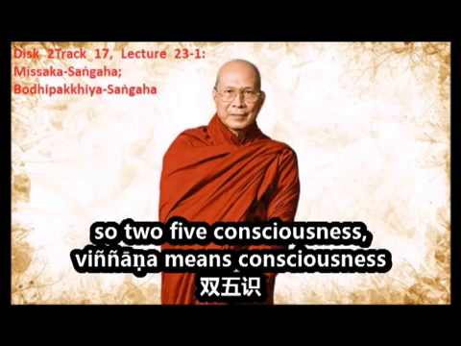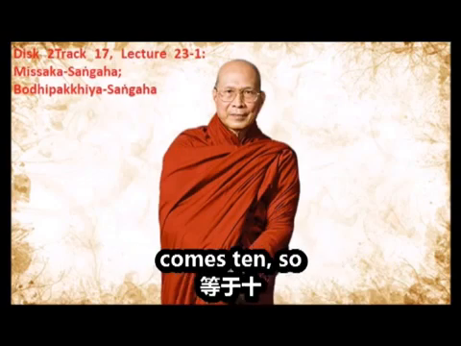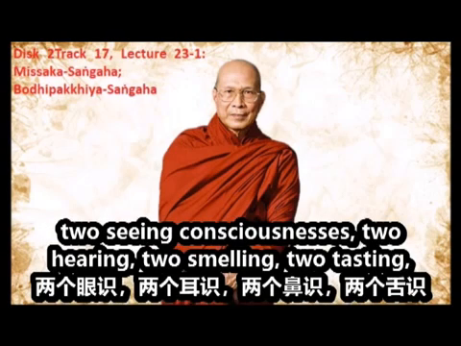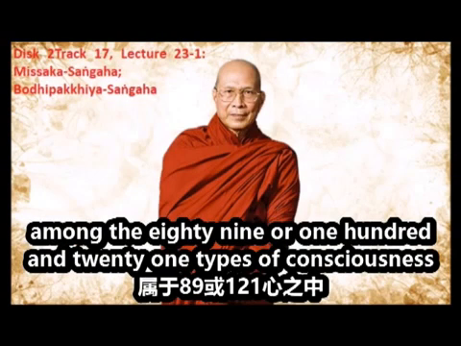So 2 multiplied by 5 comes 10. So these 10 types of consciousness are called dvipanja vijnana, and they are 2 seeing consciousnesses, 2 hearing, 2 smelling, 2 tasting, and 2 touching consciousnesses among the 89 or 121 types of consciousness.